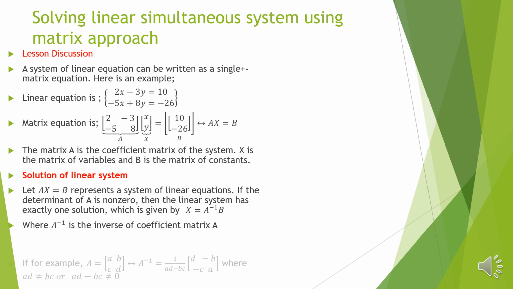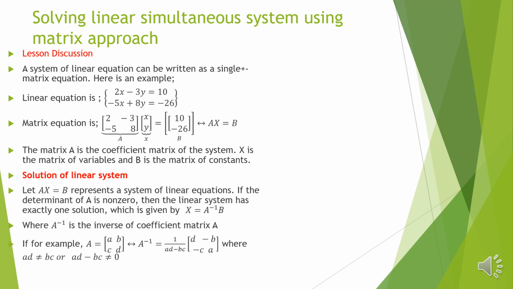And also, if I was to provide an example to show how to find the inverse, then I'll say if you're given a matrix A, which is a, b, c, d, then it implies the inverse of A is 1 over the determinant, and then you interchange the elements of the leading diagonal and introduce a negative on the other diagonal.